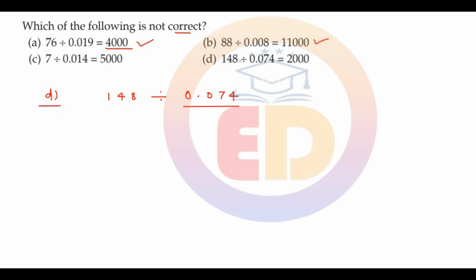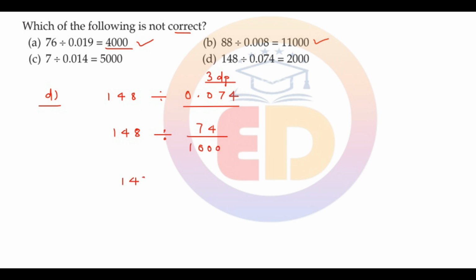For that, let's count the decimal places. It has 3 decimal places. Now since it has 3 decimal places, when we convert into a fraction, first write down 0.074 without the decimal point. It will be only 74 upon, after 1 place 3 zeros, because there are 3 decimal places.